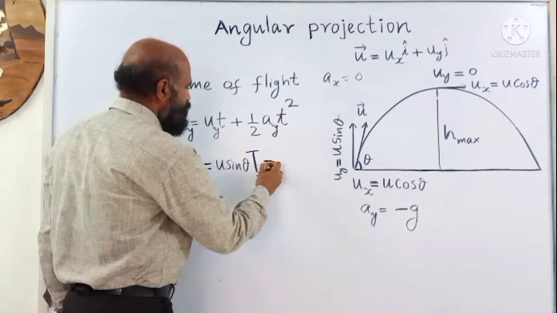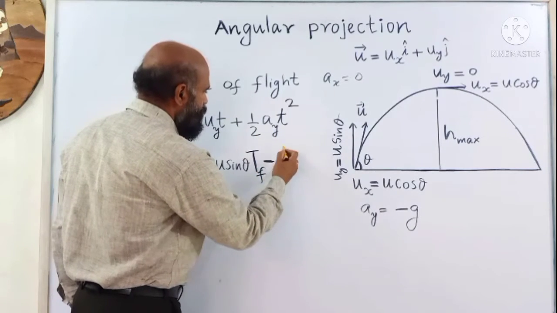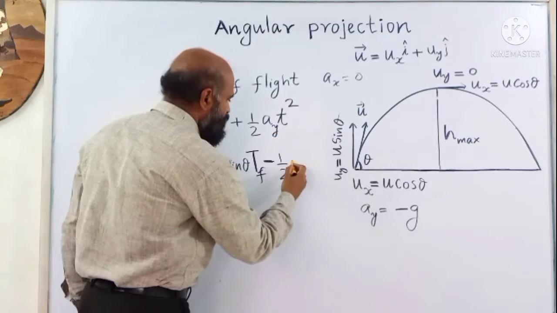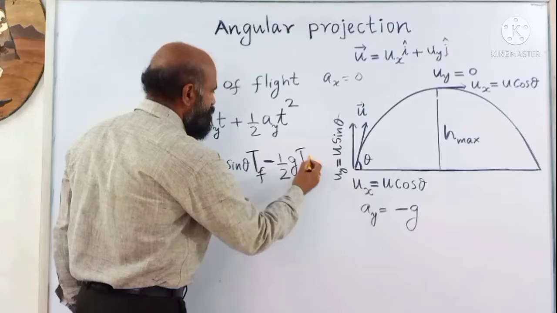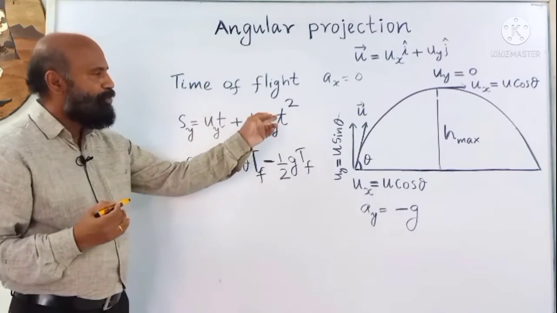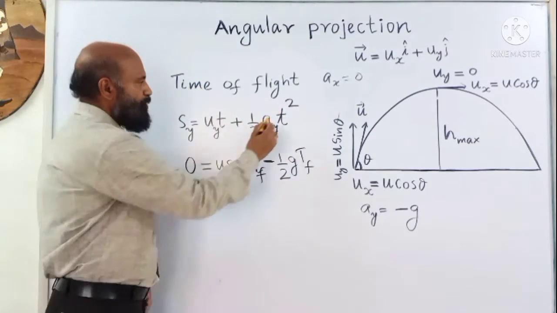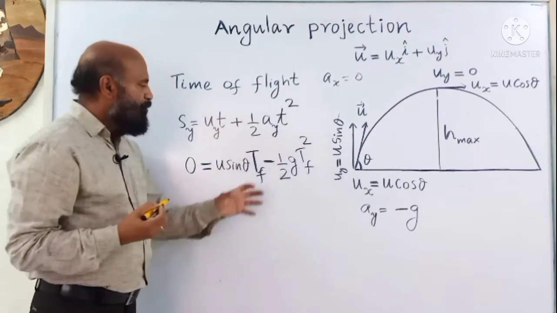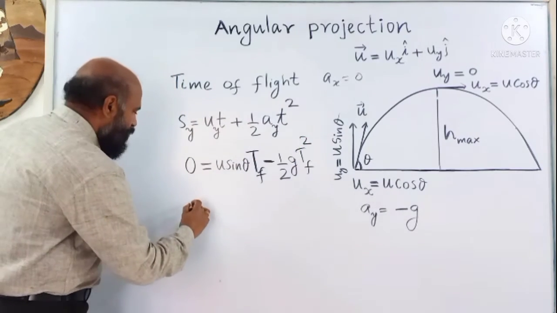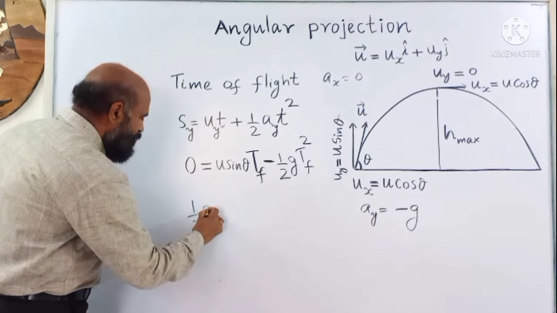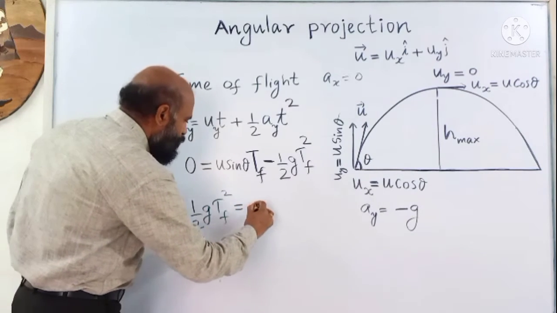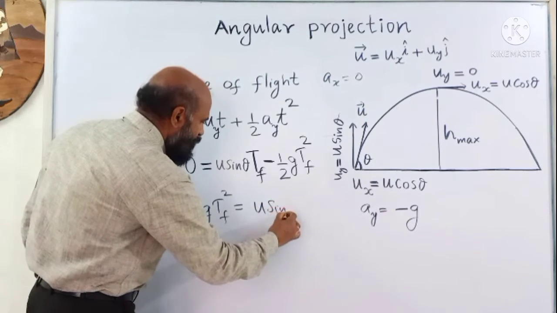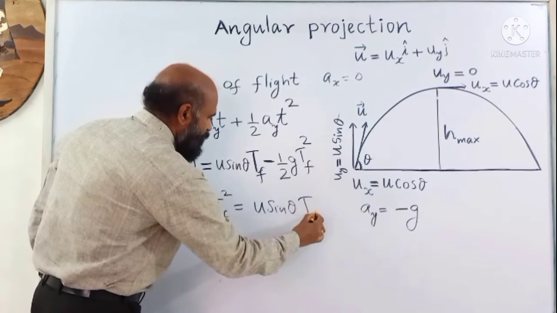So minus half, instead of ay we can write minus g. Then time of flight, time taken by the body to hit the ground is time of flight. So it's square. Now take this to the side. So half g tf square is equal to u sine theta tf.